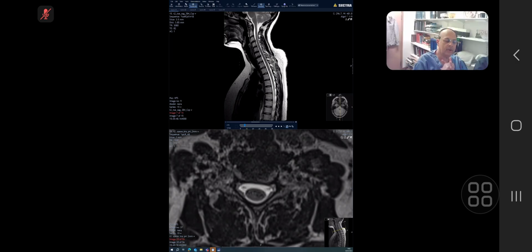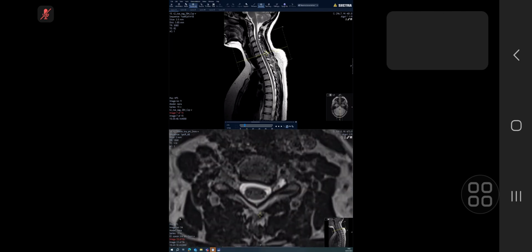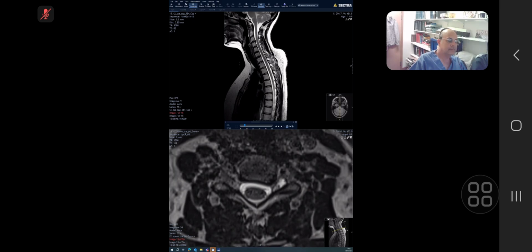Remember, the cervical cord is very heavily vascularized, with both the vertebral artery supply. Ischemia of the cervical cord is not a common phenomenon, it's a rare phenomenon. Okay, sir. This is what you have.